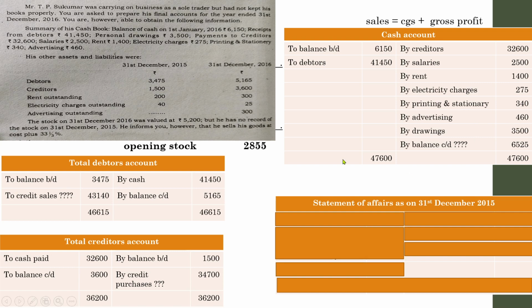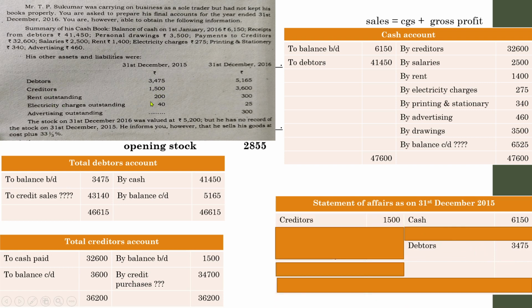So let us begin with the details given in the question. The first opening balances regarding assets and liabilities: cash 6,150. After that, debtors 3,475. After that, creditors 1,500. Rent outstanding 200. Electricity charges outstanding 40.